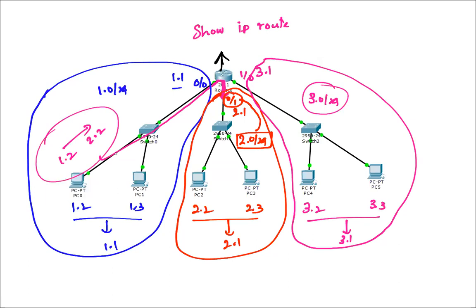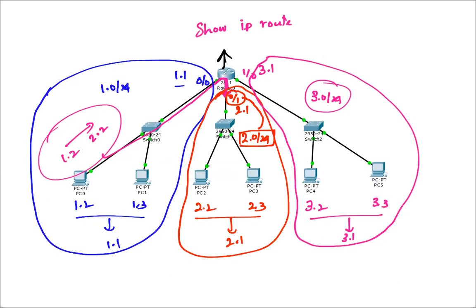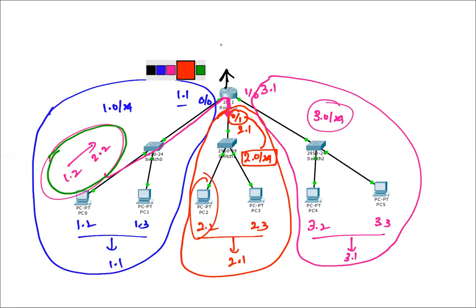Now coming back to my initial question. There is a question that I asked, right? How will the router know 2.2 is behind this interface? That was a question. Let me come back to that question and now let's try to understand that answer. Let me erase this and write the routing table over here. Routing table.